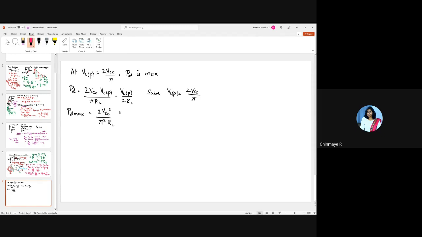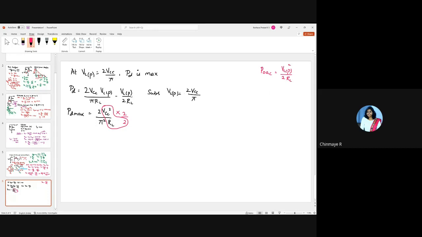Now multiply and divide both numerator and denominator by 2. So now can I replace this term with something? Look at this term. Earlier we discussed that P naught AC is equal to VL of P squared by 2 times RL, correct?